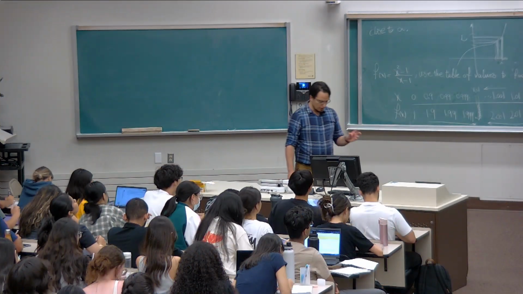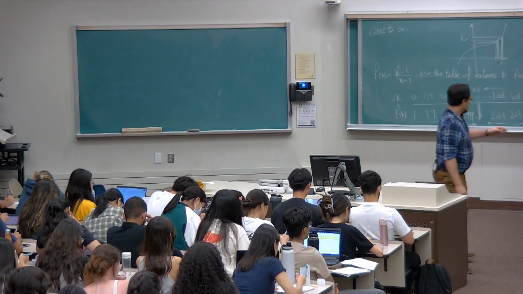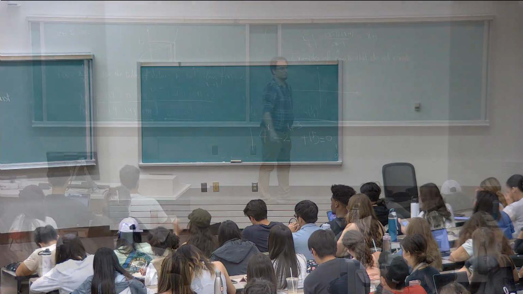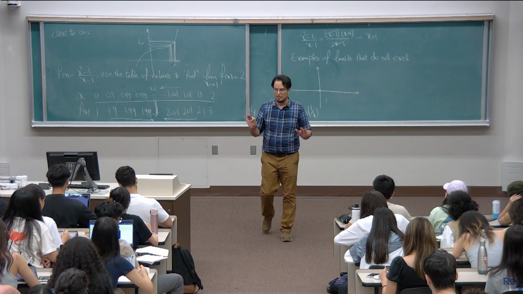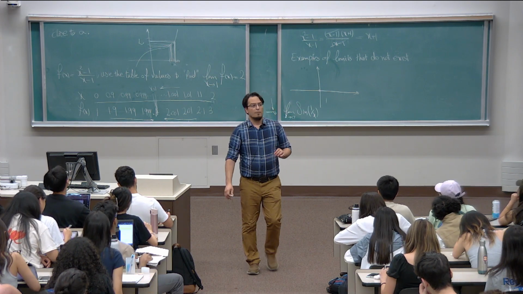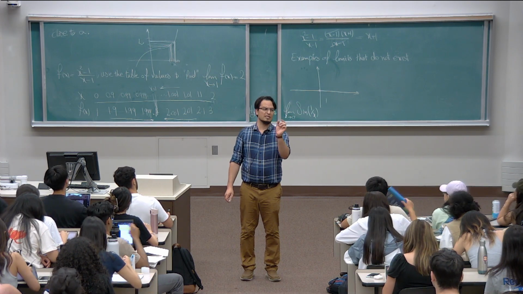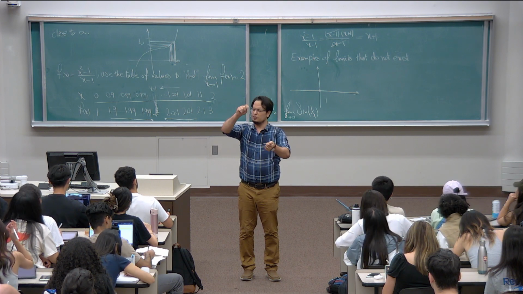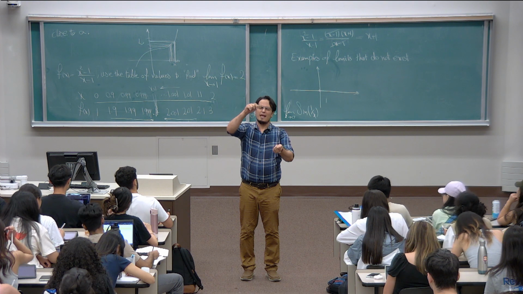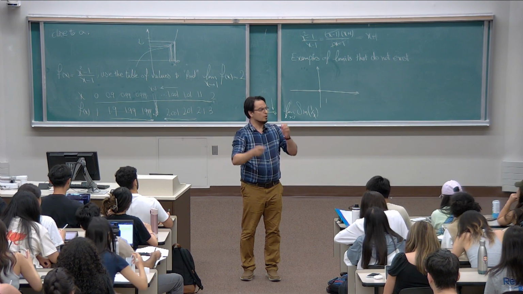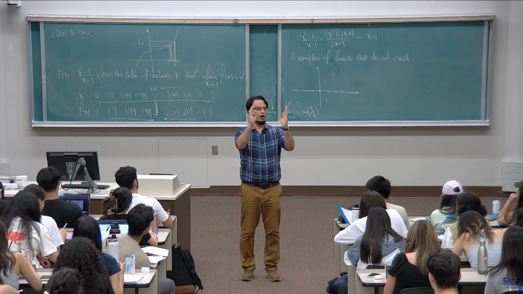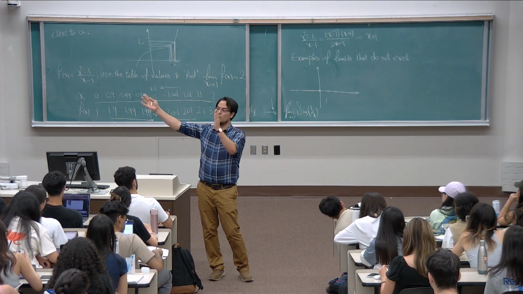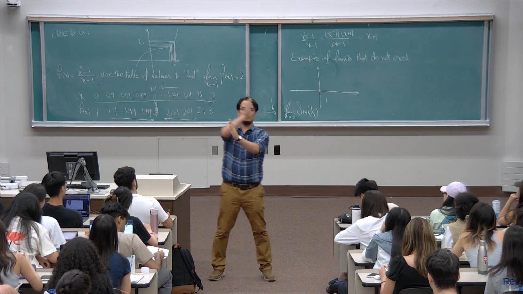One thing you have to note here is that the function is not defined at 0, because I cannot plug in 0 there. 1 over 0 doesn't make sense. But you should see it this way: when you reverse x to 1 over x, you are sending interval 0, 1 to interval 1 to infinity, and interval 1 to infinity to interval 0, 1.